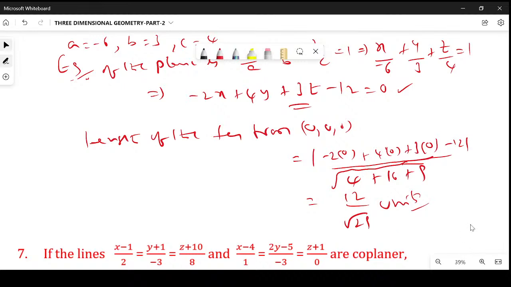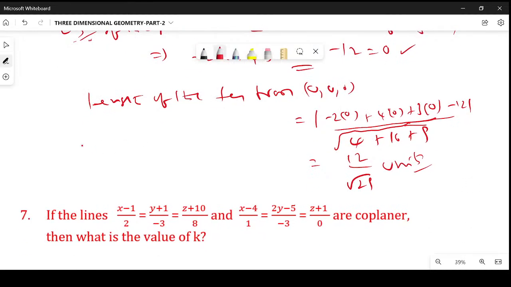Whenever you find the perpendicular from a given point to the given plane, if you have doubt, you can think about that. Suppose this is the point x1, y1, z1.